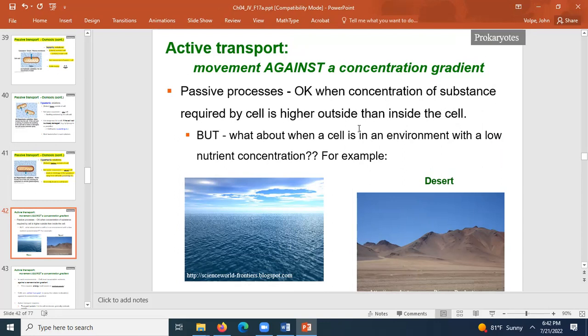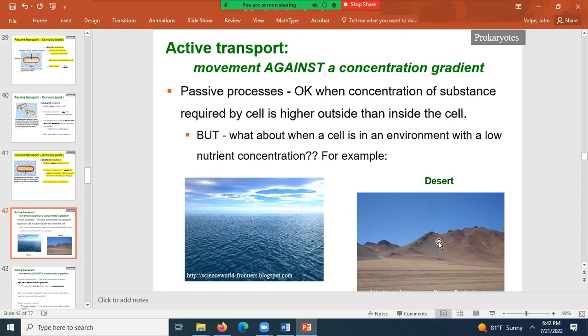However, what's going to happen when a cell is in an environment with a low nutrient concentration, like a cell in the ocean or a cell in the desert?